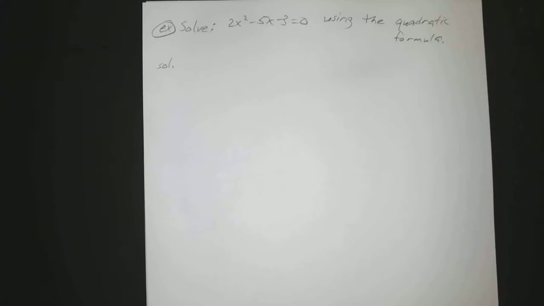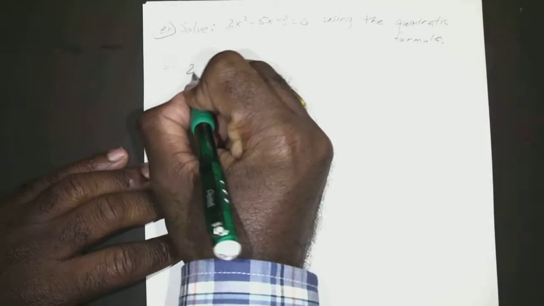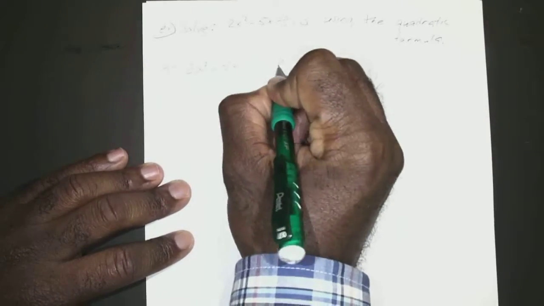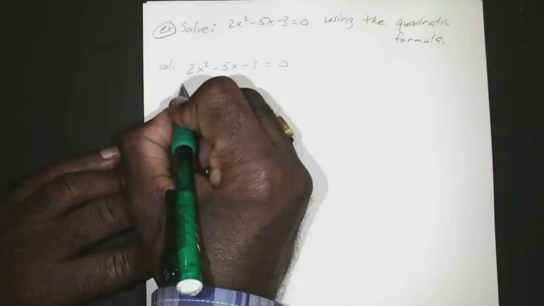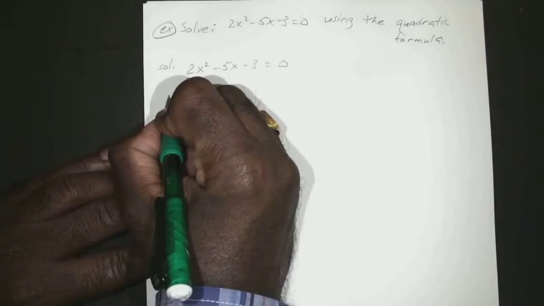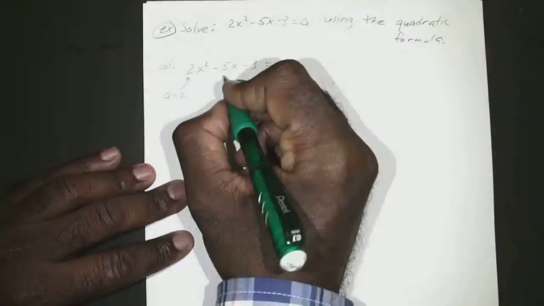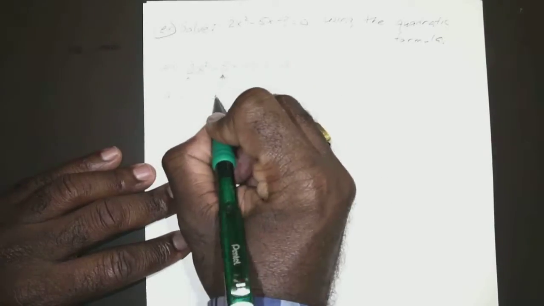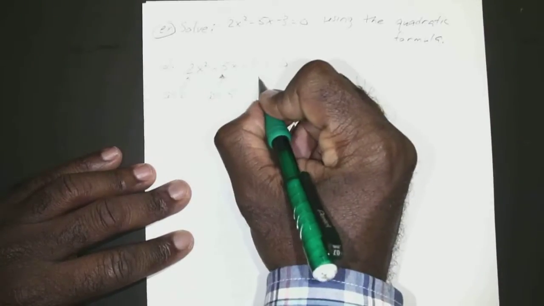If you can remember it, it's all downhill from there. So you have 2x squared minus 5x minus 3 equals 0. So you know here our a is equal to 2. Our b is equal to negative 5. And our c is equal to negative 3.